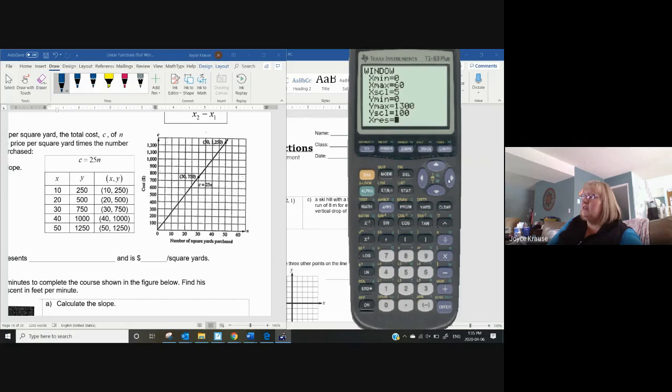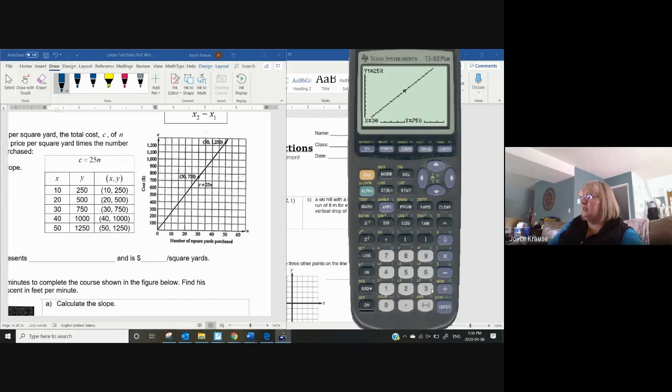Now this last one on here, this x res, that's just the resolution. And I always leave it as 1. I never bother changing that one. So if you graph that, you should see something that looks very similar to what we just had on our paper. And then you can use your trace feature if you wanted to see what the value of y was when x was 30.